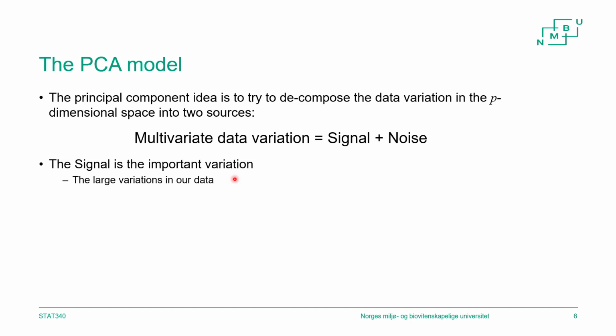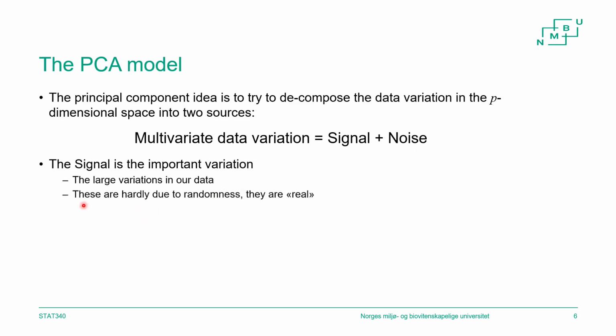And it's reasonable to assume that if you have large variations in your data set, this is due to signal. It's the big variations. Because if the big variations were noise, then, because this is relative, it just means there is no signal here. It's only noise.